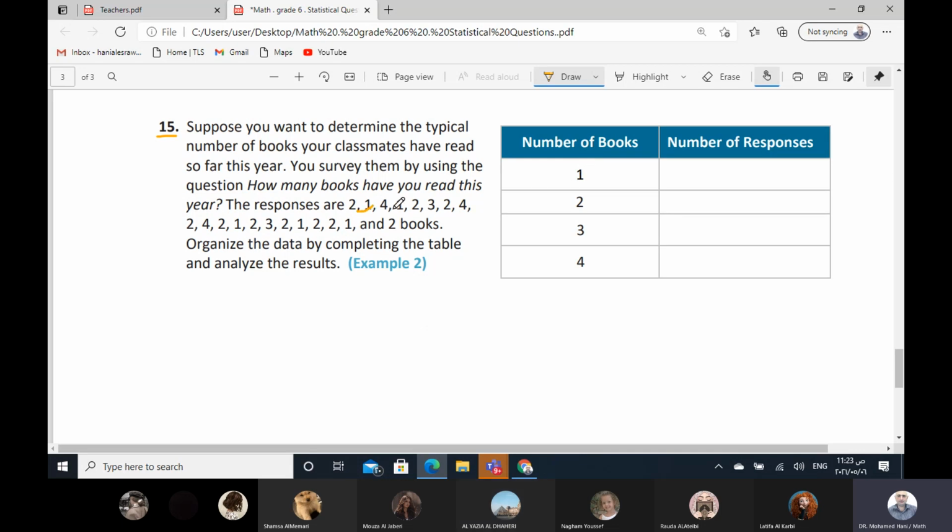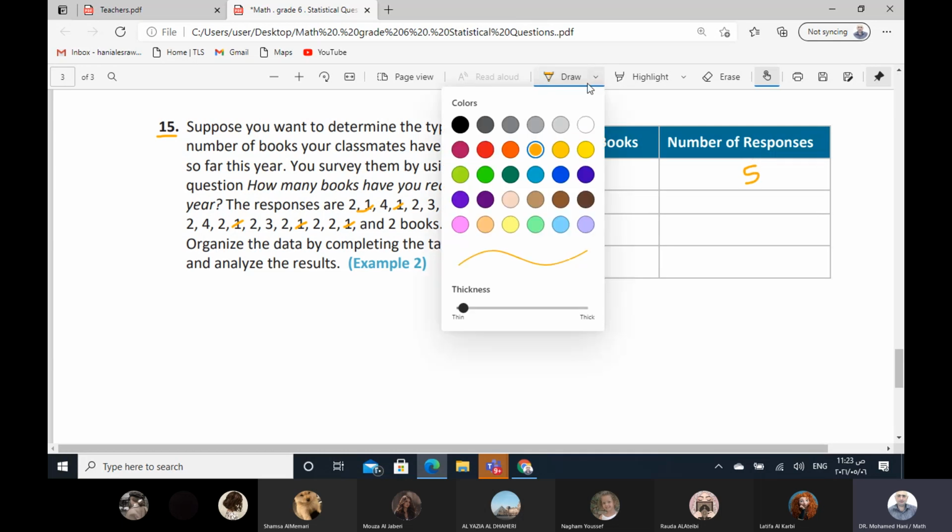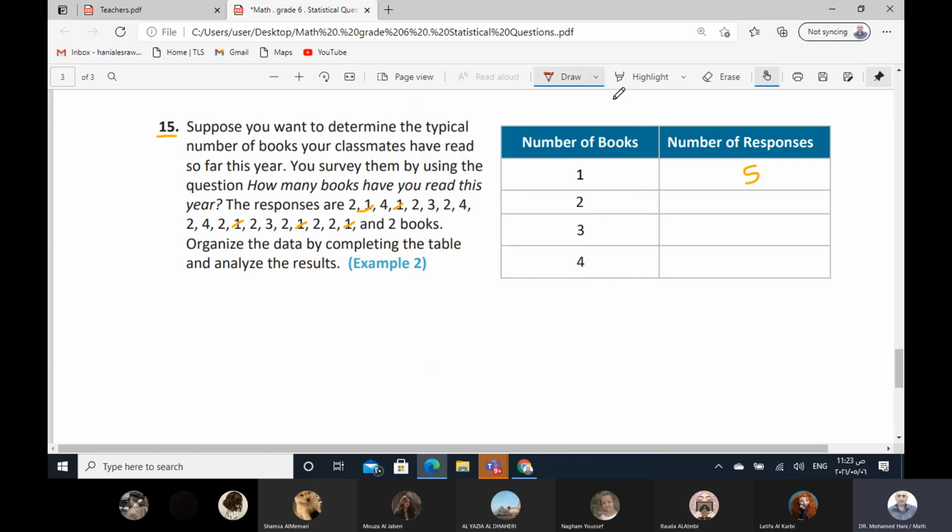We have here 1, 2, 3, 4, 5. Number 2, we have here 1, 2, 3, 4, 5, 6, 7, 8, 9, 10.